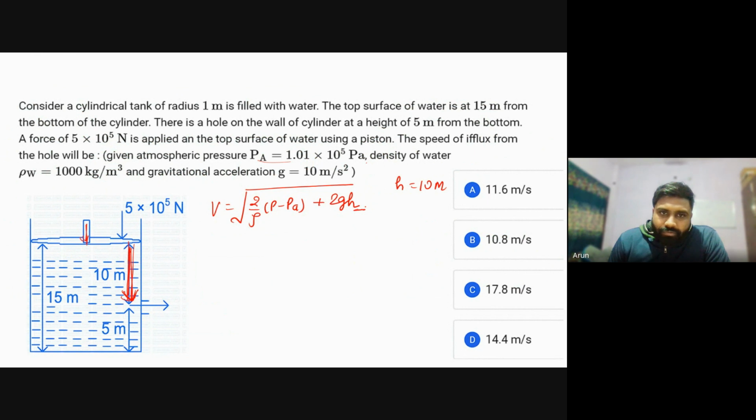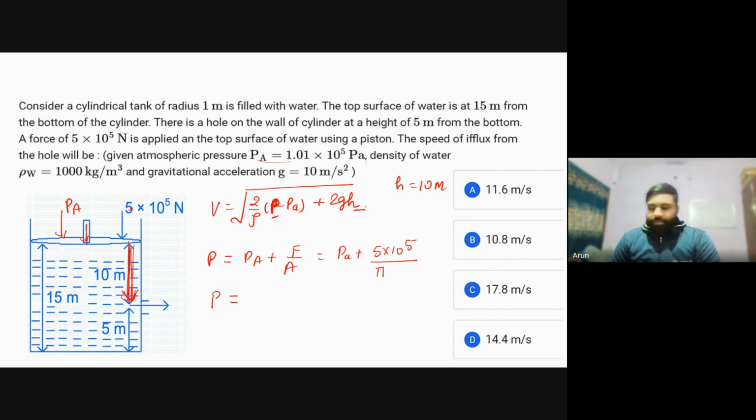Now all that we wish to know is this P. We know that P is equal to, on this piston, atmospheric pressure is also acting plus this force is acting. This is a force, not the pressure, so we will write PA plus F upon A. Now the force value you have been given. This is PA plus force 5 into 10 raised to the power 5 Newton divided by the area, which will be pi r square. The radius is given as 1 meter, so it will be 5 by pi.